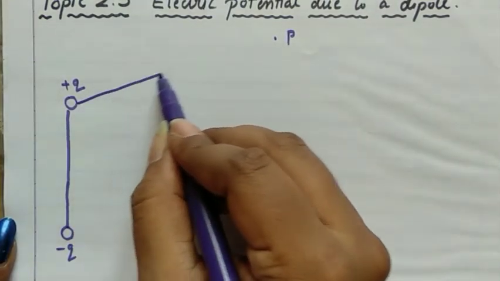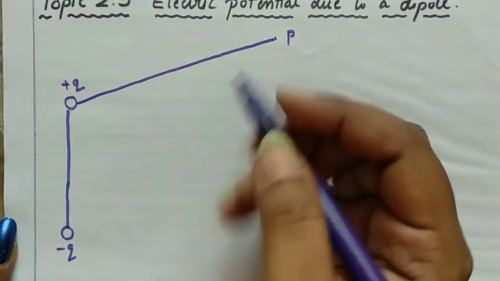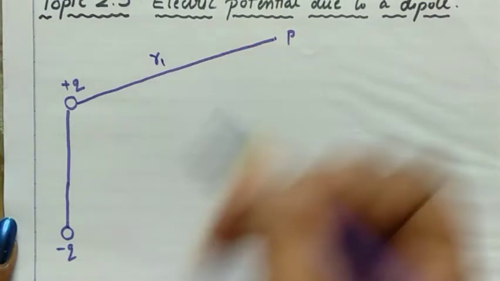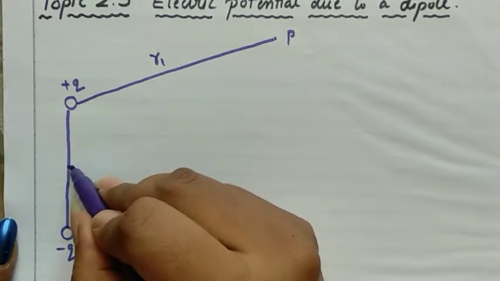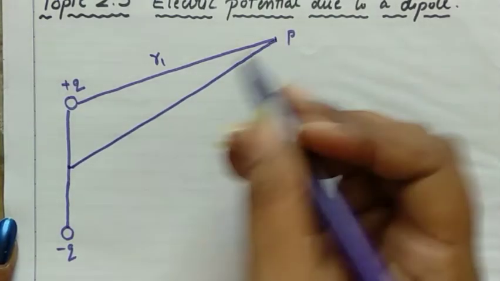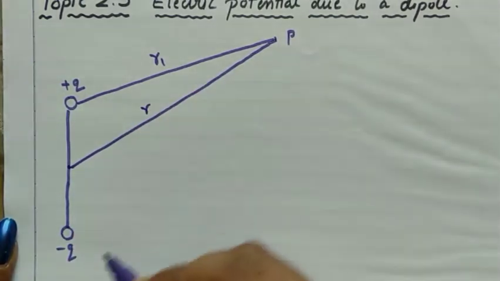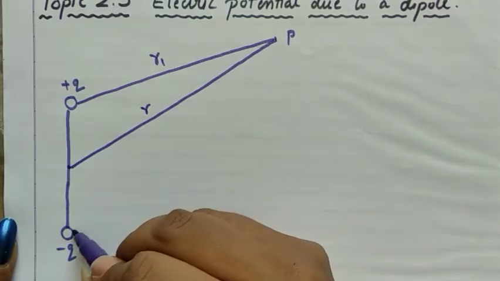The distance of the point P from the positive charge is, suppose, R1. From the center of the dipole is, suppose, R. And from the negative charge is, suppose, R2.